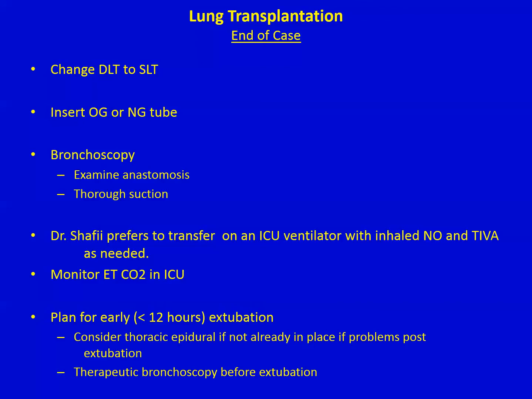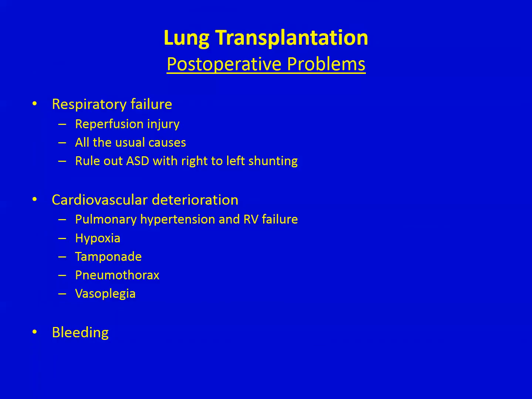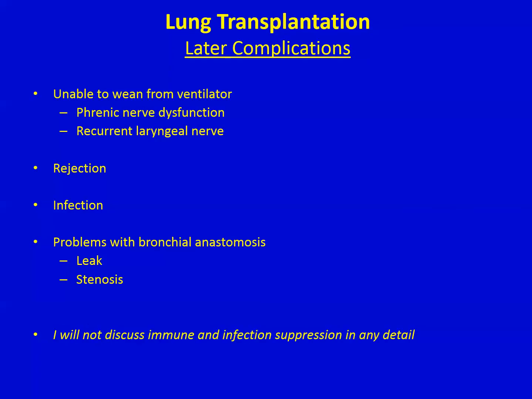Dr. Shafi prefers transferring on an ICU ventilator with inhaled nitric oxide and TIVA as needed. End-tidal CO2 monitoring should begin in the ICU, and one should plan for early extubation if possible. There are a number of postoperative problems as summarized on this slide.